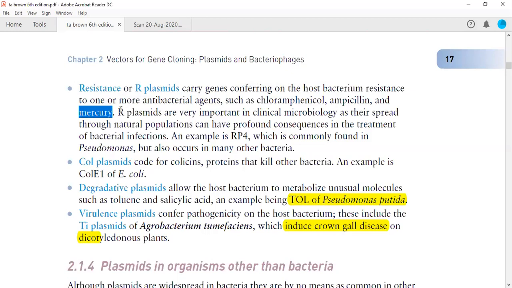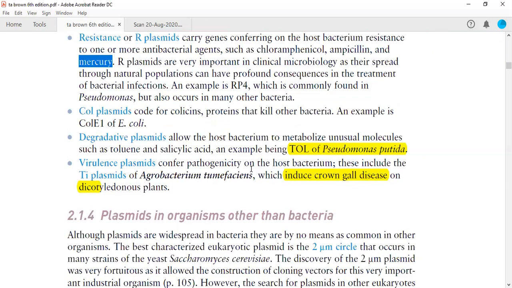It would be toxic to the bacterial culture, but if the R plasmid for mercury is present, it will provide resistance to this toxic heavy metal. R plasmids are very important in clinical microbiology, as they spread through natural populations and can have profound consequences in the treatment of bacterial infections. RP4 was actually found generally in Pseudomonas species, but also found in certain other bacteria.